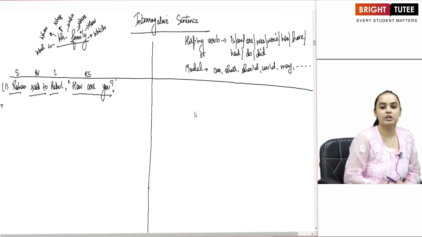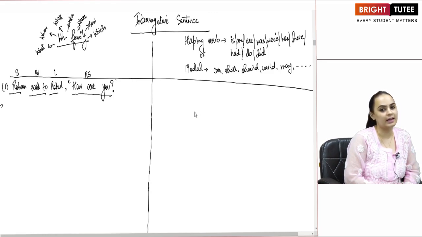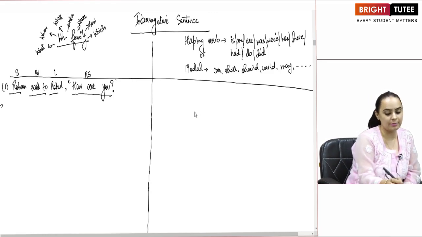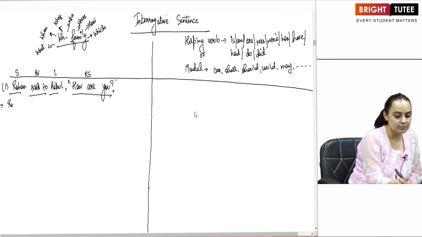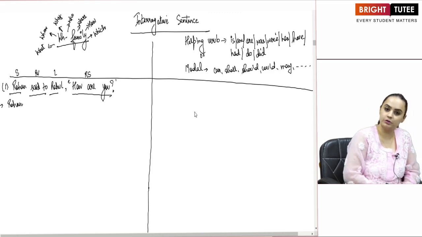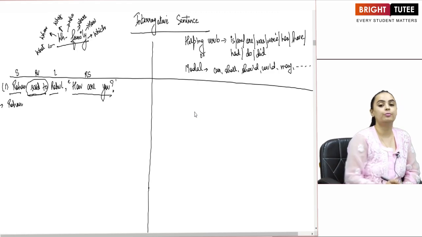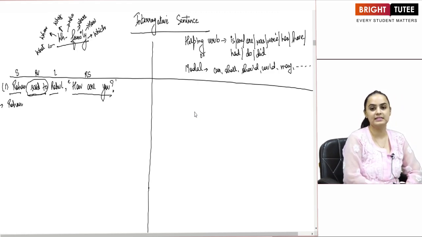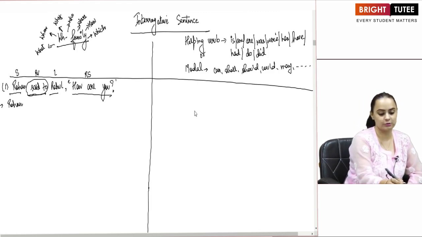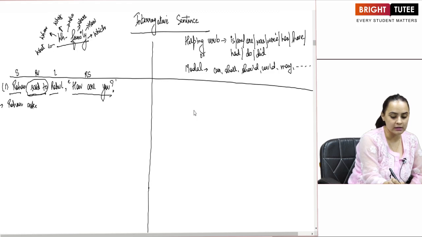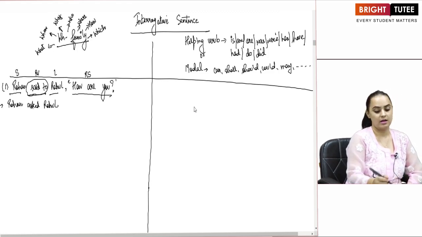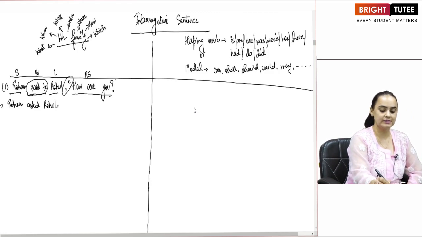Now when we change direct speech to indirect speech, the first thing that happens is the speaker remains the same. So Rohan remains Rohan. Said to, which is my reporting verb, has a listener in the sentence, so it will change to, here you are asking a question, asked. So Rohan asked Rahul. Now here you can see these commas.